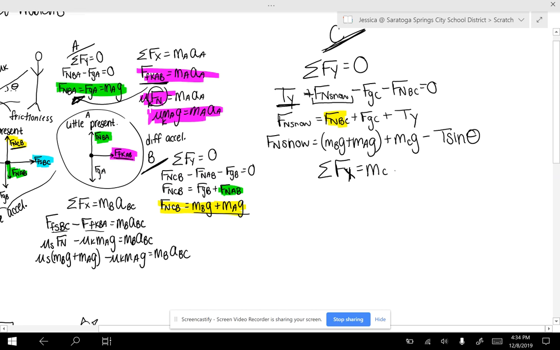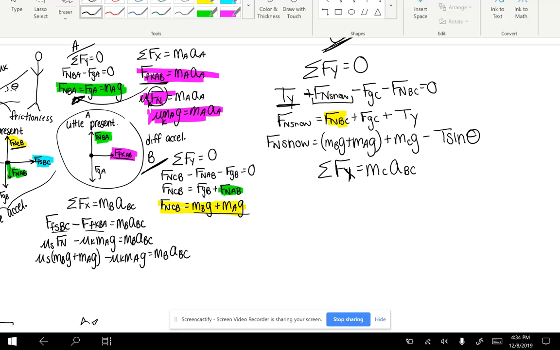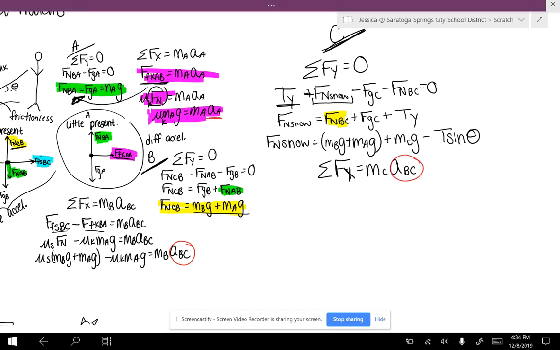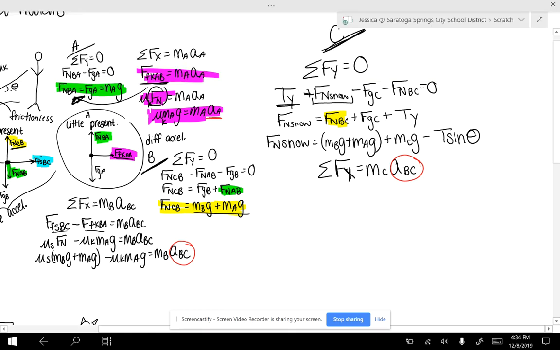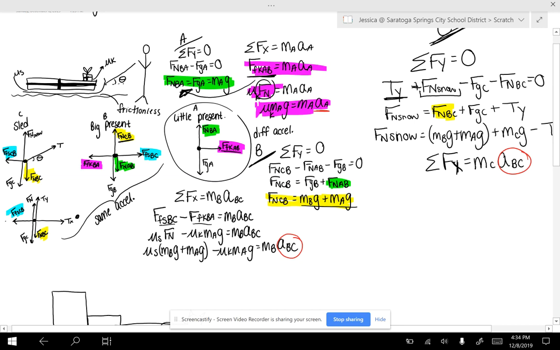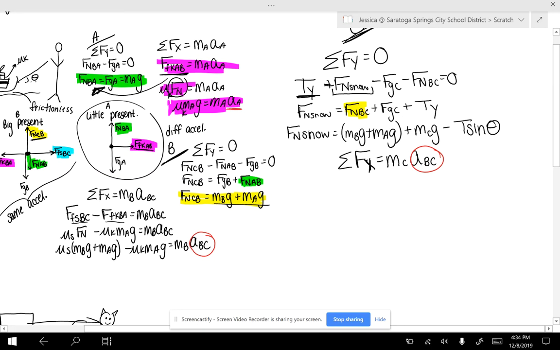we are accelerating, we're not accelerating, we don't know. So I'm just going to write this as a_BC, because remember, the acceleration here is the same as the acceleration here, but not the same as the acceleration there, which is why I gave it its own letter. Okay, so in the x direction, we have a tension in the x direction and a force of static friction.